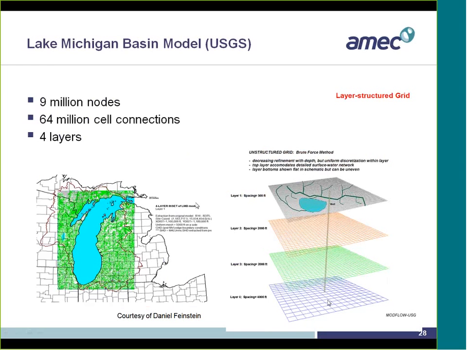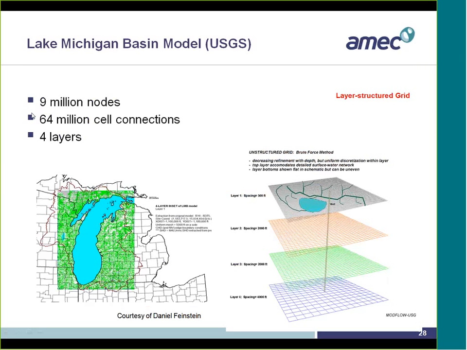Another application is this Lake Michigan Basin model by the USGS, and they are using the layer structured grid for this. It's a very fine grid. In layer 1, the spacing is 500 feet, and layer 2, the spacing is 2,000 feet, same in layer 3, and layer 4 is 4,000 feet. So it's a layer structured grid.